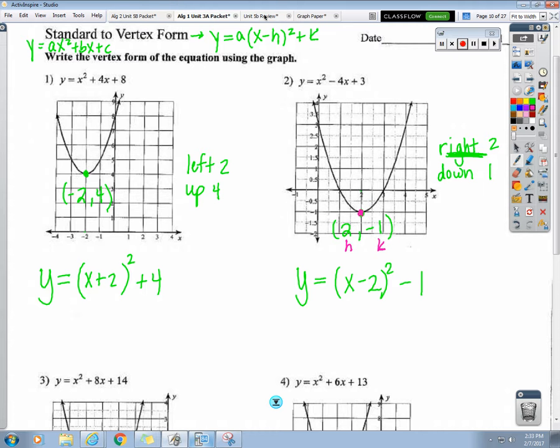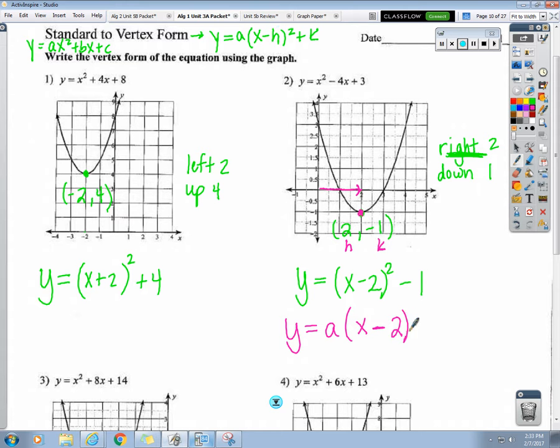So think about it. If I were rewriting this, y equals a, which we'll talk about later, x minus, what's your h? 2. So see why it became a minus 2? Because the minus was already part of that formula. So even though our h was technically positive 2, so we went right 2, when it gets stuck in that formula, it's sitting beside a minus.